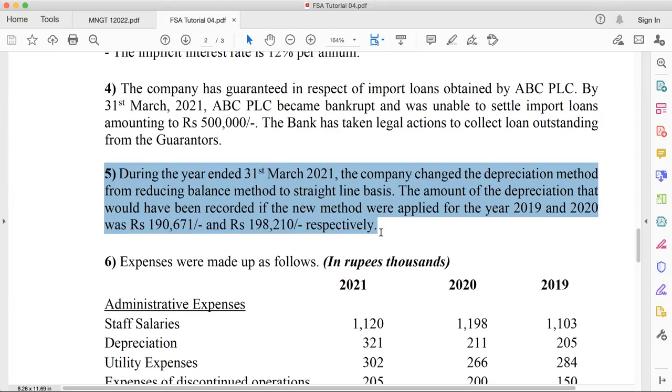Now you see earlier the company was following reducing balance method. In 2021, the company experienced that straight line is more appropriate. Now you see this is a change of accounting policy.